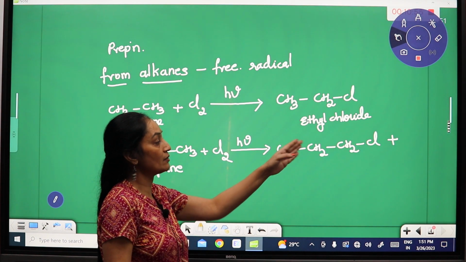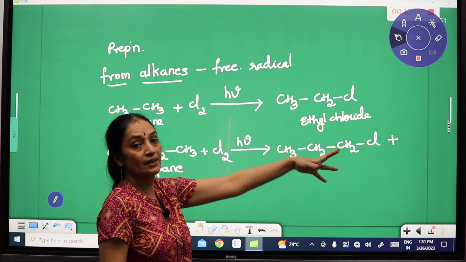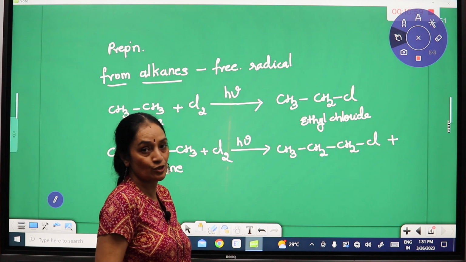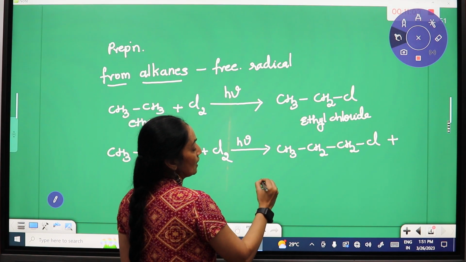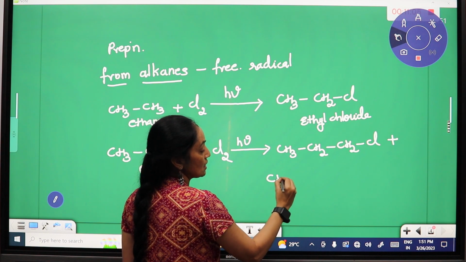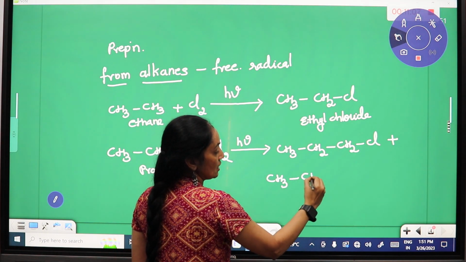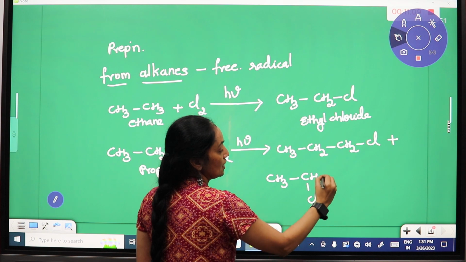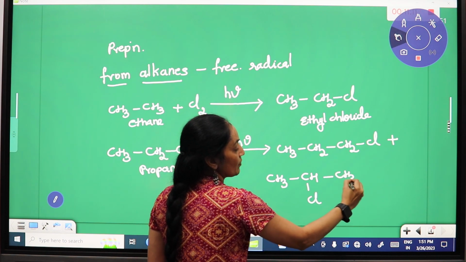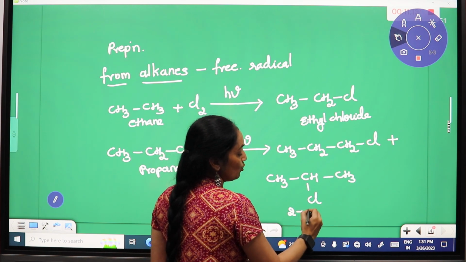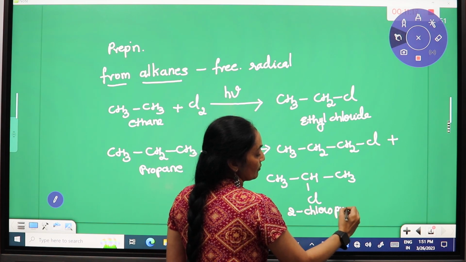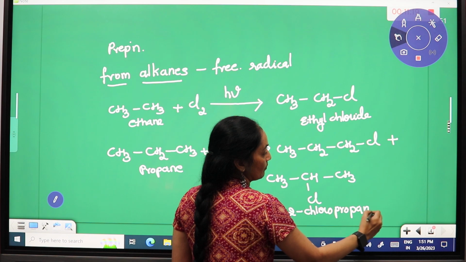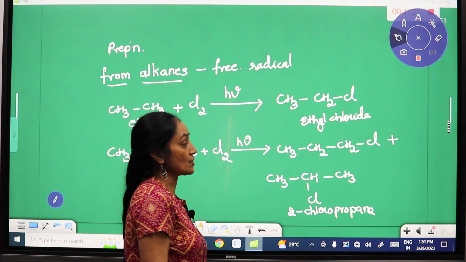The first carbon atom in which hydrogen is there has been substituted. Same thing, I can get one more product, CH3CHClCH3, which we call 2-chloropropane.